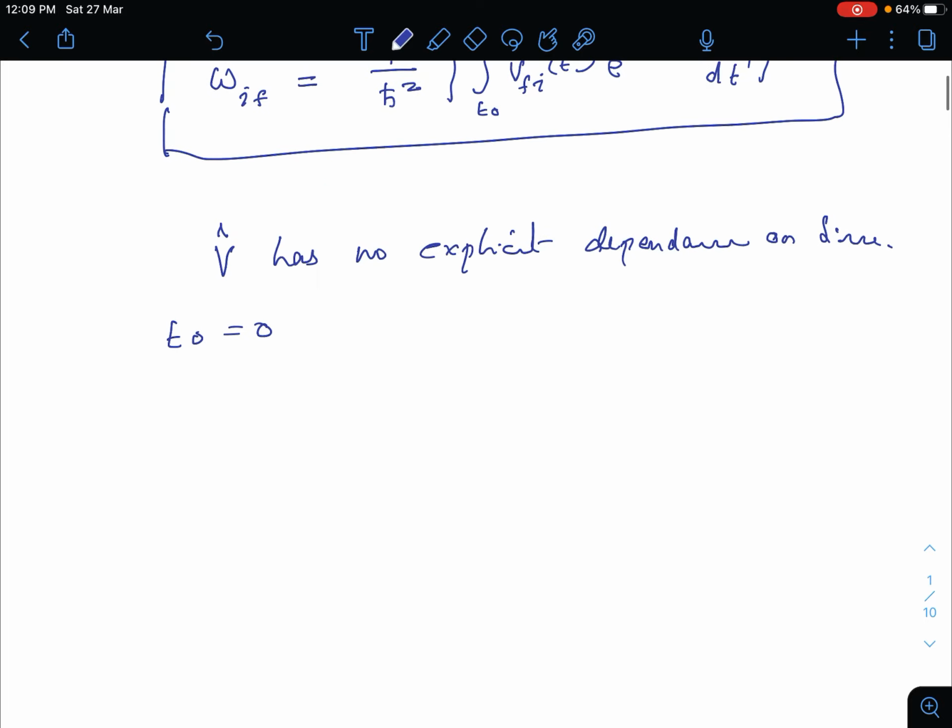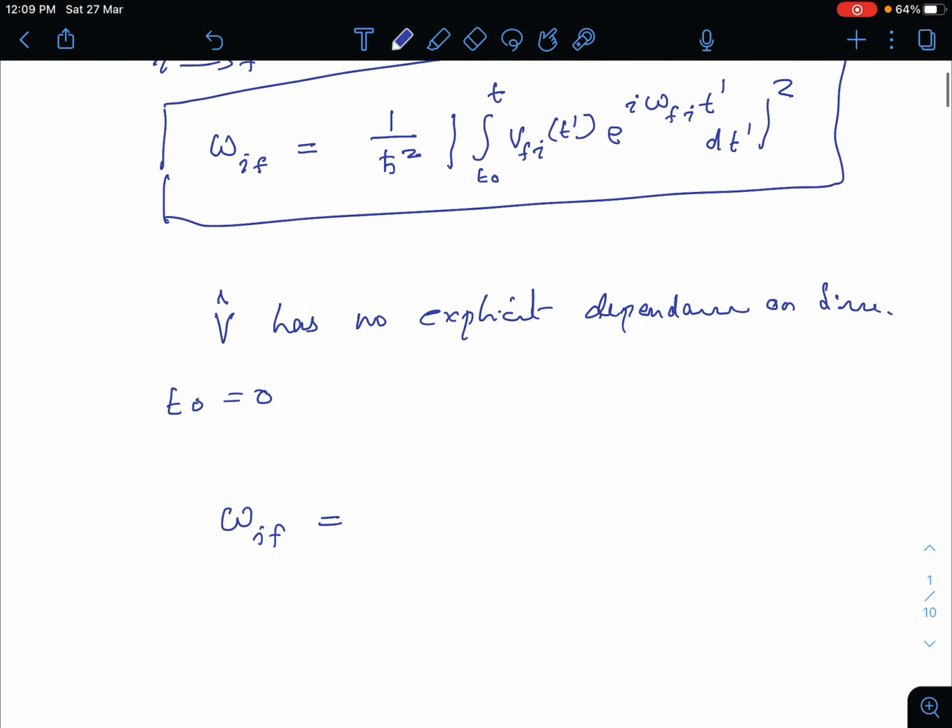So in that case, the probability omega if from initial to final is given by, so here we consider the potential V to be something independent of time, so that there is no meaning of integrating it. So it can be taken outside.